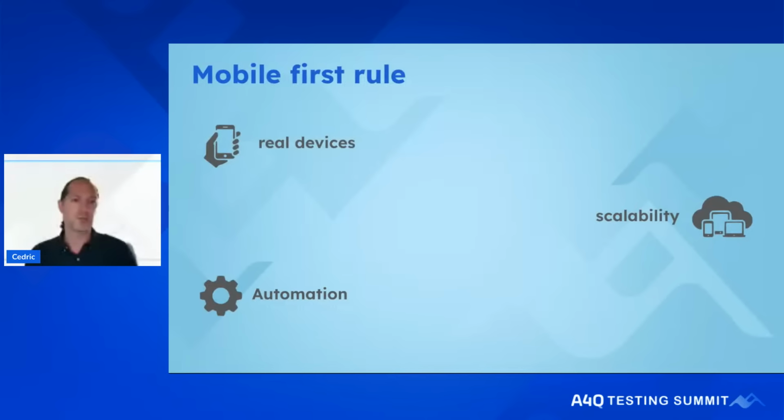It's a must today. But if you go for mobile first, it doesn't imply that you need to do all your tests on mobile. I hope it sounds obvious, but if you have, let's say, 1,000 test cases, 10,000, 20,000 test cases, and you need to run them all on all the devices, on local or with a scalable system like what exists on the market with remote access, you will nevertheless end up with hours of tests.